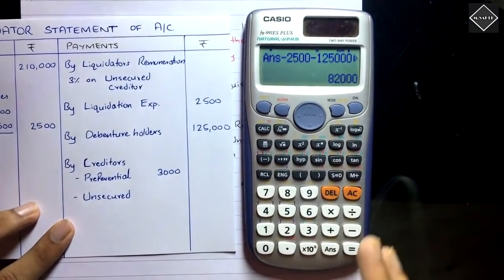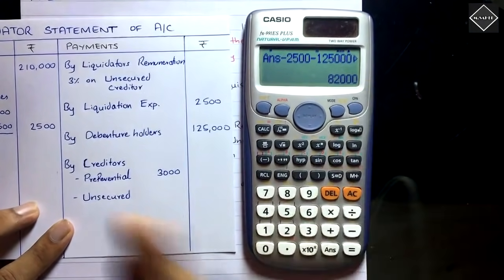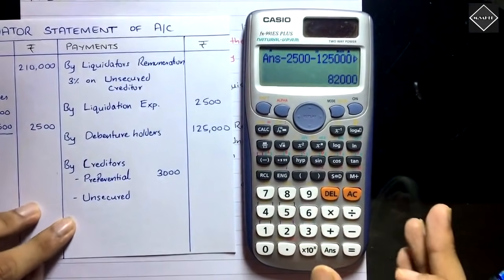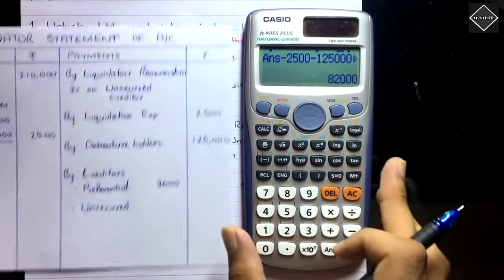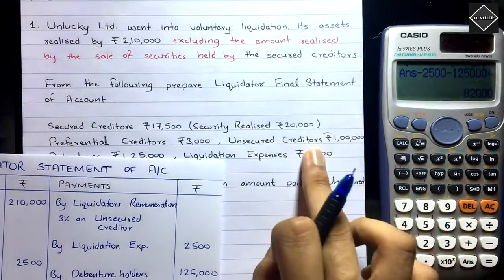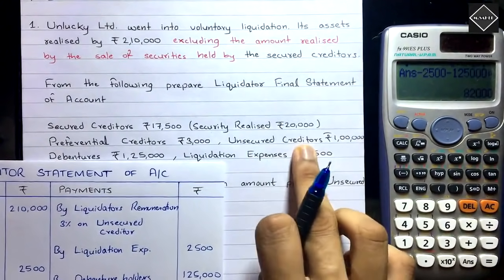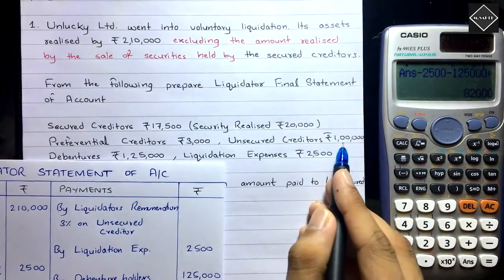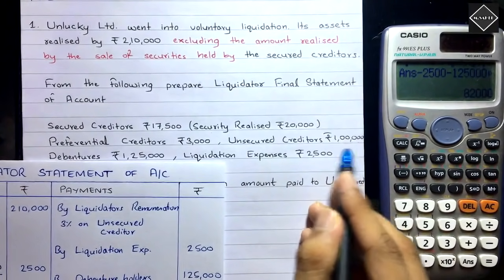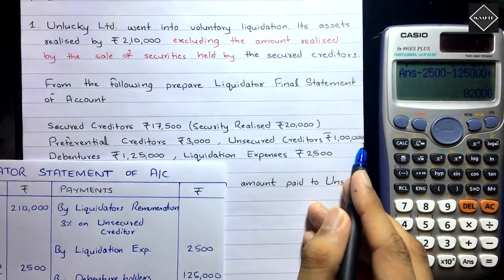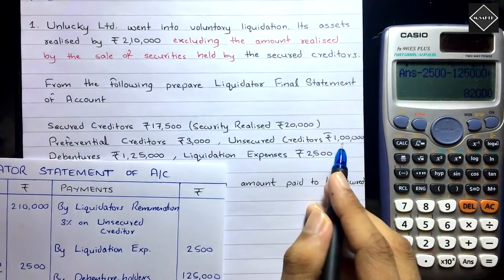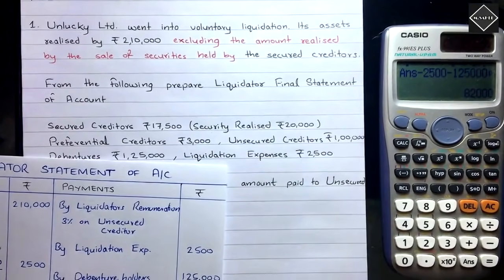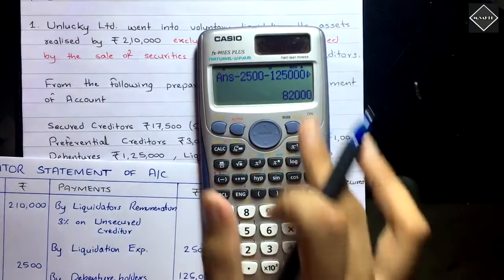Now you tell me whether the funds are sufficient or not. See the unsecured creditors. How much are they? The liability of the company to pay to unsecured creditors is 1 lakh, that is 1,00,000. So now we have got only 82,000.